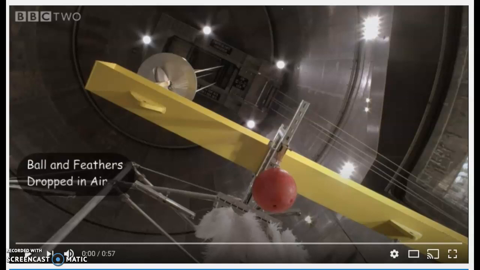So there's air in the room, and the air pressure is going to interact with the ball and the feather in different ways. I'm sure you've seen a feather fall from the sky before, and also a bowling ball. Hopefully not on your foot. The second part of the video is going to show you a different situation where the air and gases have been removed from this room. So you'll see that the ball and the feather are going to drop in a different way.